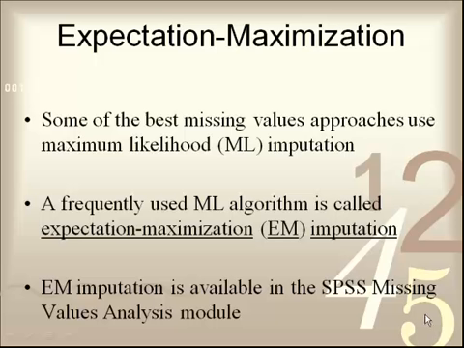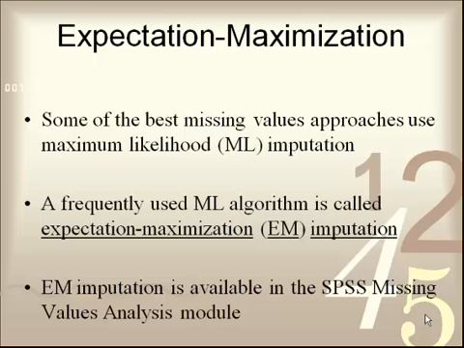I'm going to breeze over this expectation maximization idea of doing an imputation method. It can be extremely confusing to listen to as I try to explain it. This is one of those terms that's very helpful when I have you guys in class. But some of the best missing values approaches use the maximum likelihood imputation.